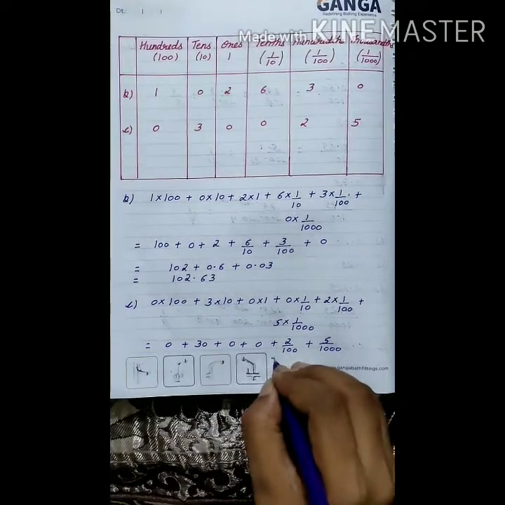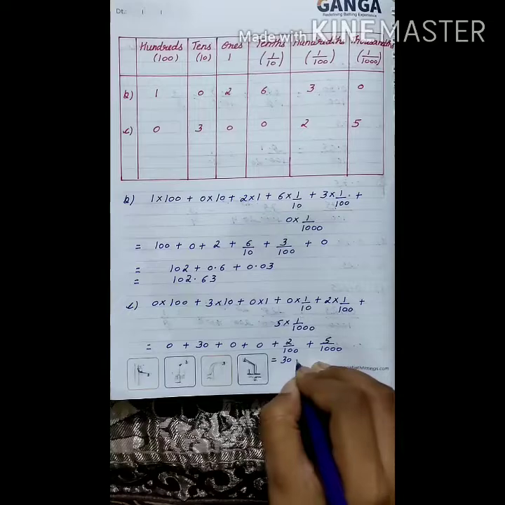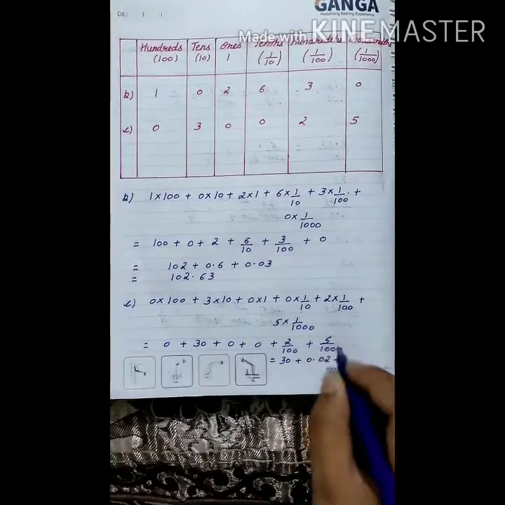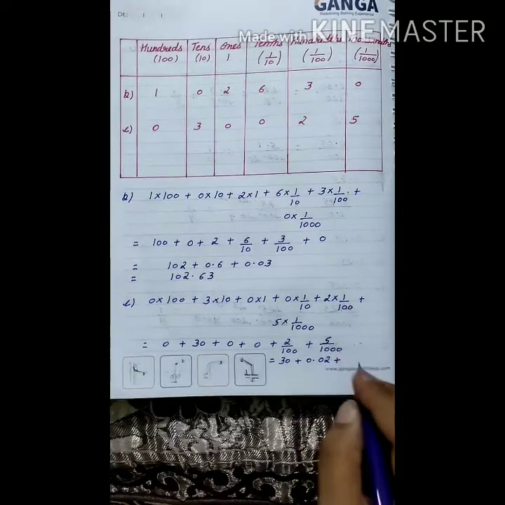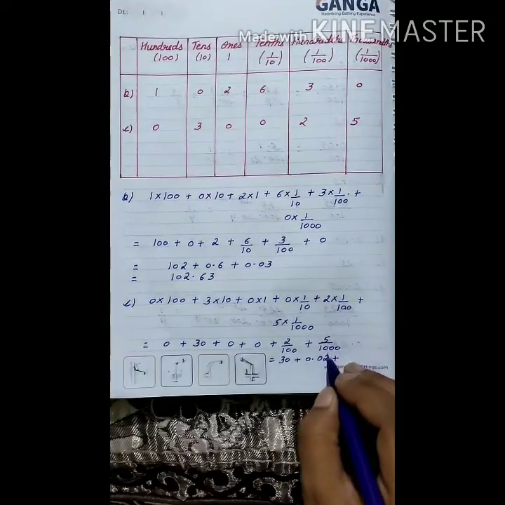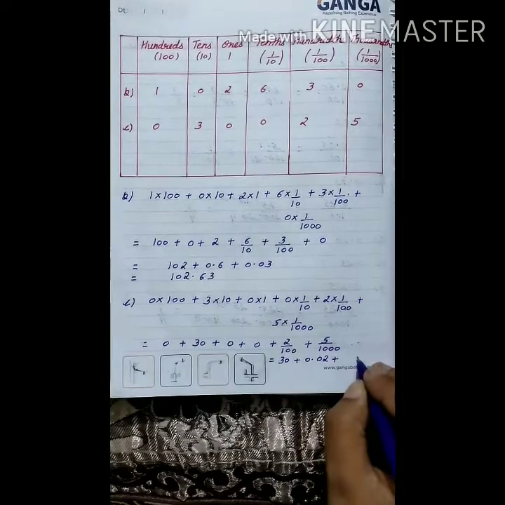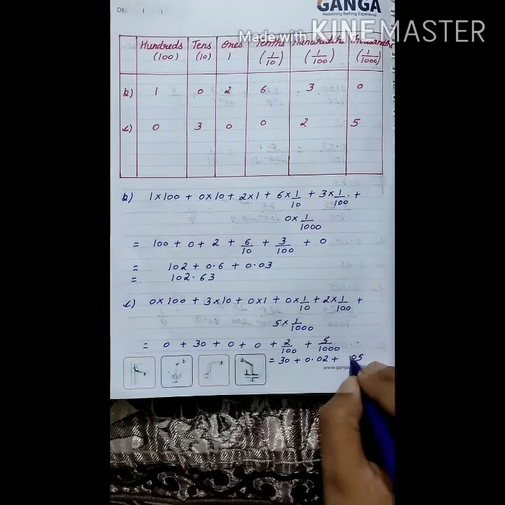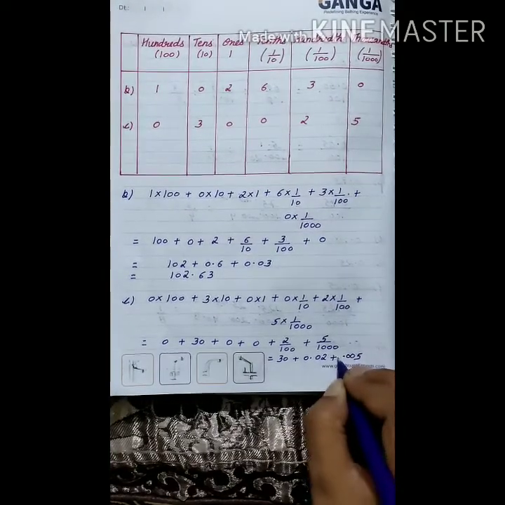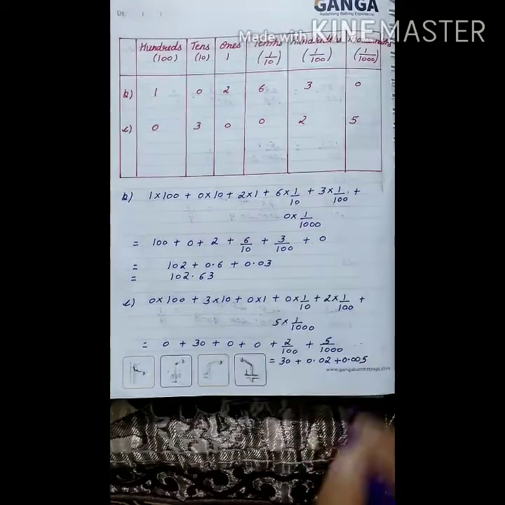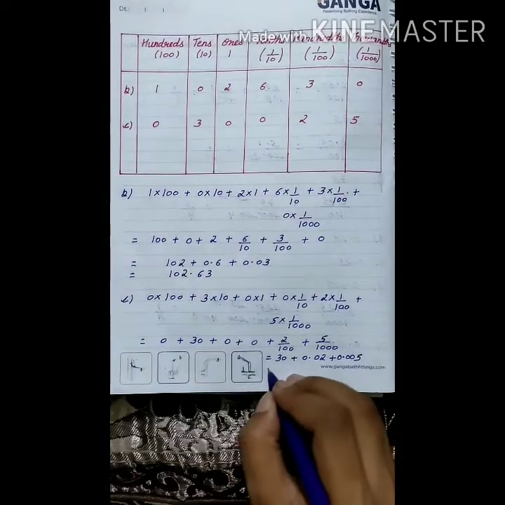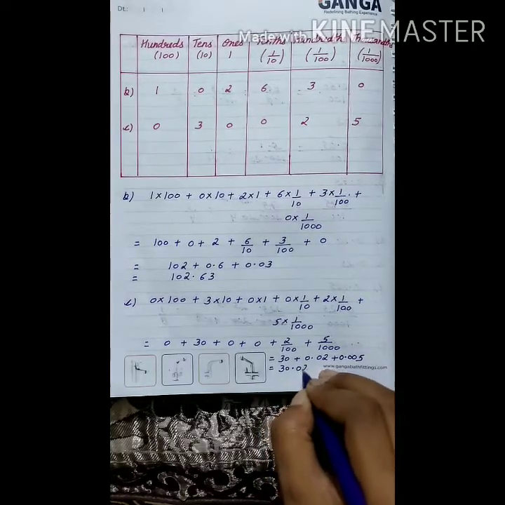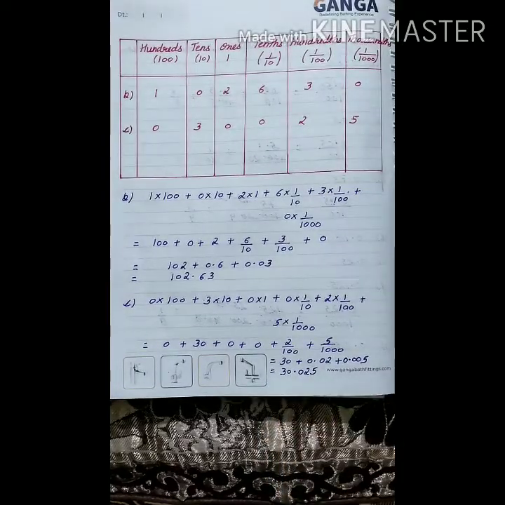In the next step we will write 30 plus 2 upon 100 is 0.02, plus 5 upon 1000 is, here we have one digit in the numerator and three zeros in the denominator. So firstly we will form three digits in the numerator, that is 005. Now we put the decimal and here we don't have any value, so we will write 0, that is 0.005. After addition we will get 30.025 and it is our answer.